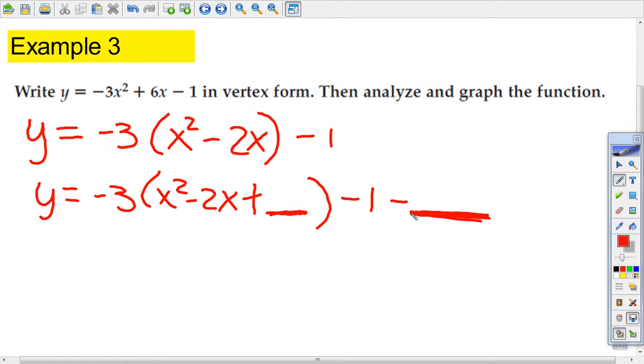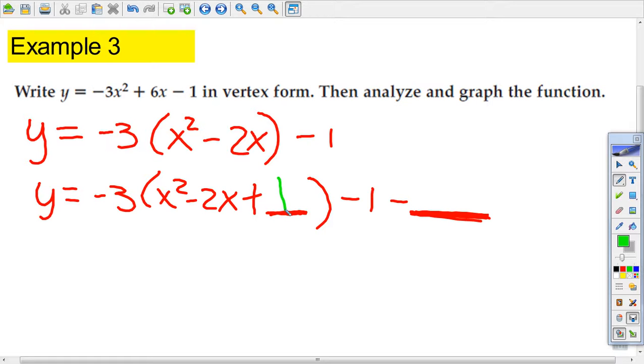Now, what number needs to go in the blanks? So I take the b value, I cut it in half, and I square it. So half of -2 is -1, -1 times -1 is a positive 1. So there's a +1 that goes in the first blank. Do we agree with that? Now here comes the challenge and the trick that many students miss.